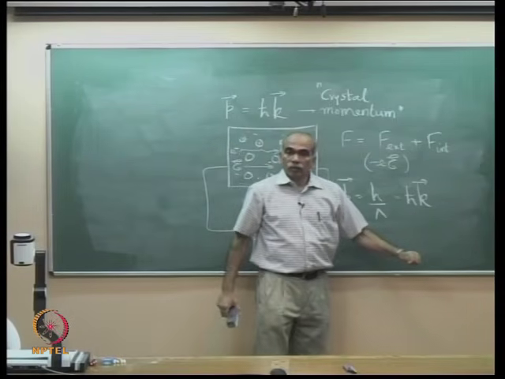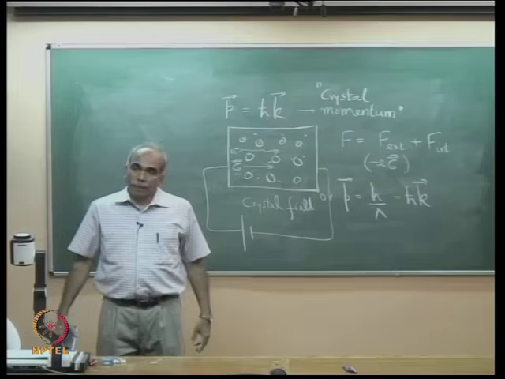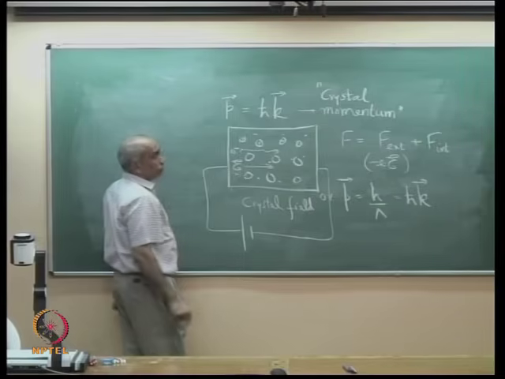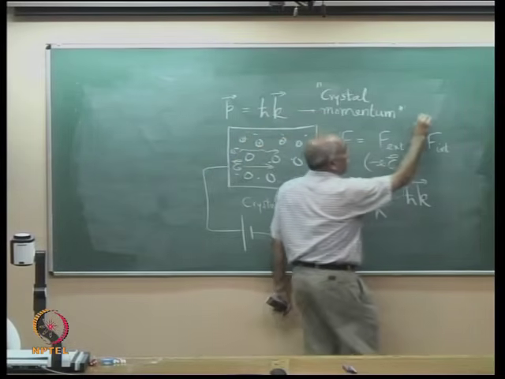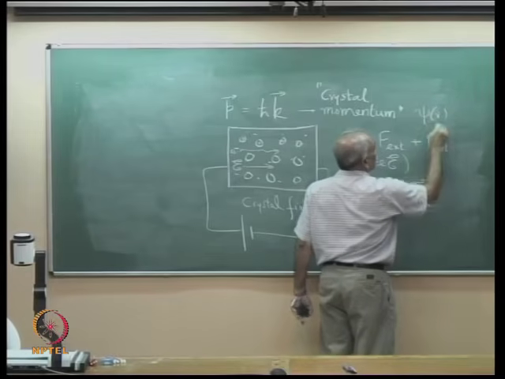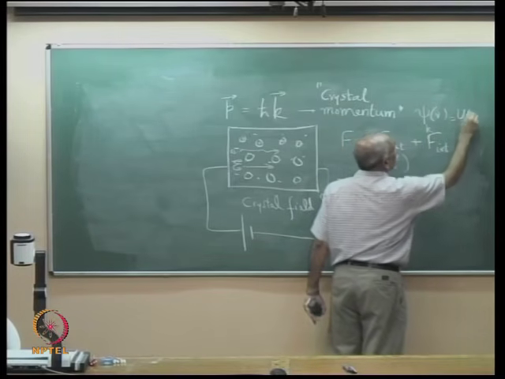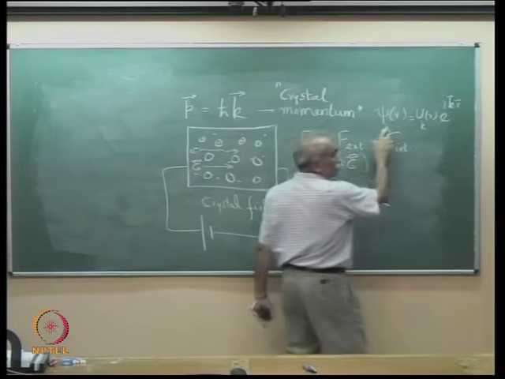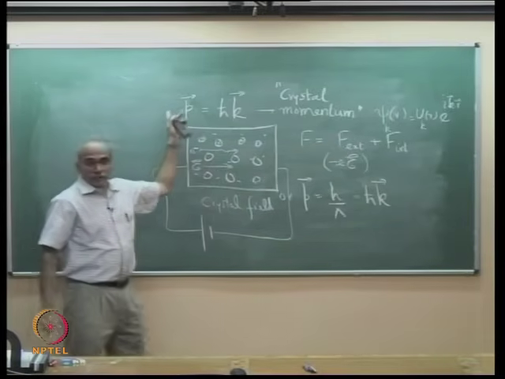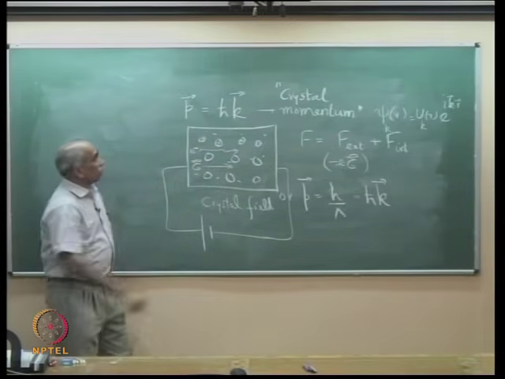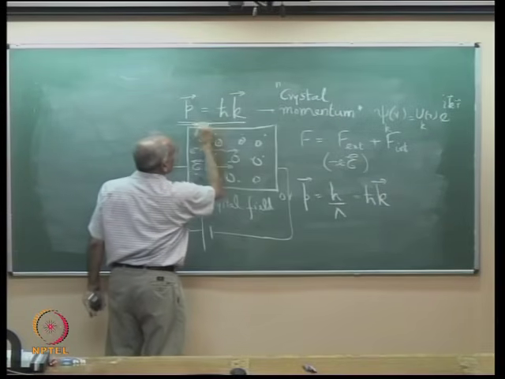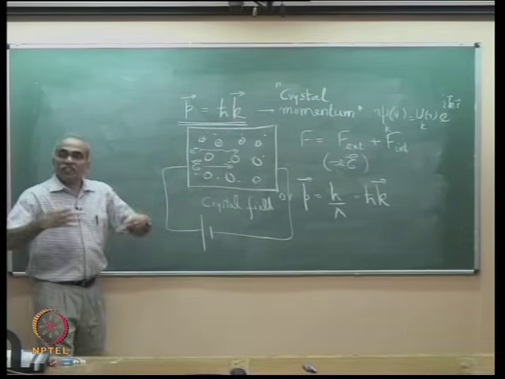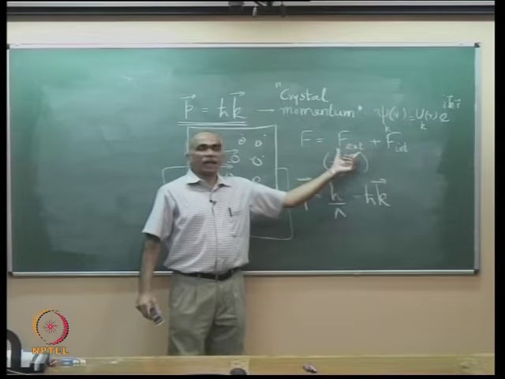What is the internal field? It's really very complicated. If you define the momentum by this expression, where this k is the same k which appears here, psi k of r equal to u k of r into e to the power of i k dot r, the same k which is the de Broglie wavenumber, 2 pi by lambda, then this is called the crystal momentum. This momentum is as if it is responding only to the external field.